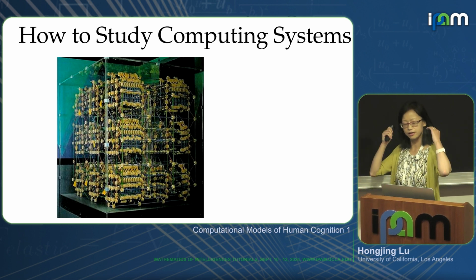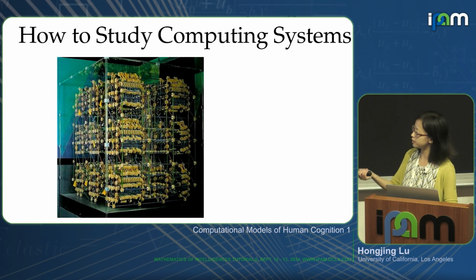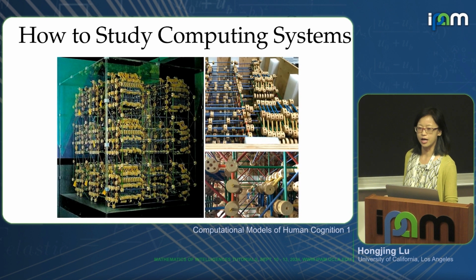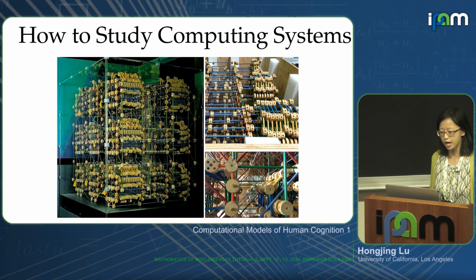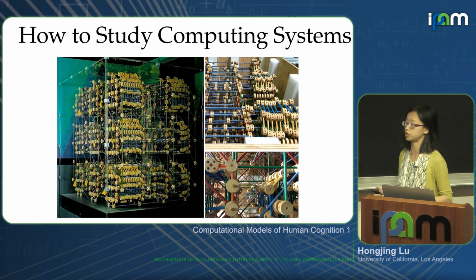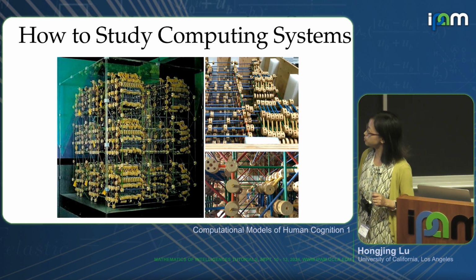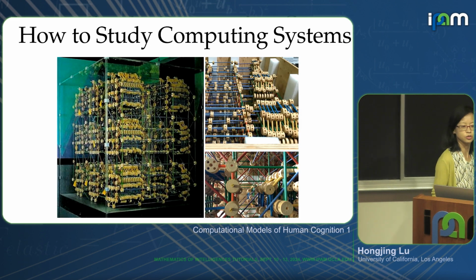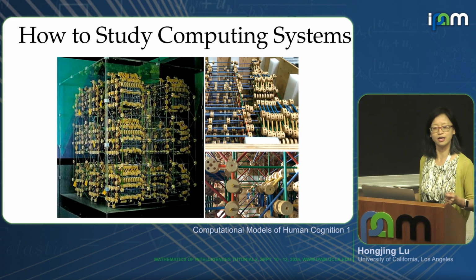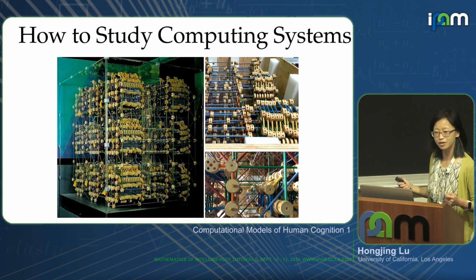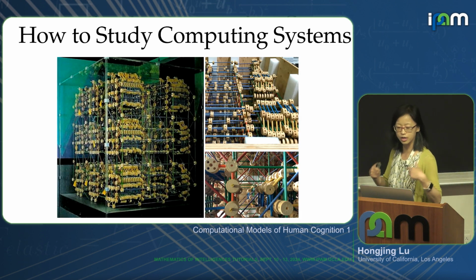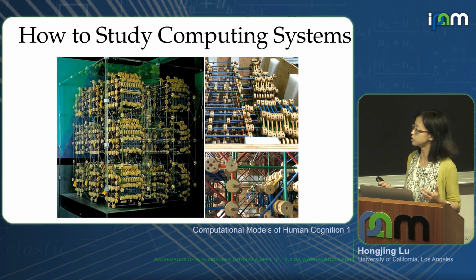Let's say we open this machine up and look at the entire structure, and then we build another machine exactly like this. The question is: if we build this replica, do we really understand what this machine is about? Do we really understand what kind of computations this machine is doing?